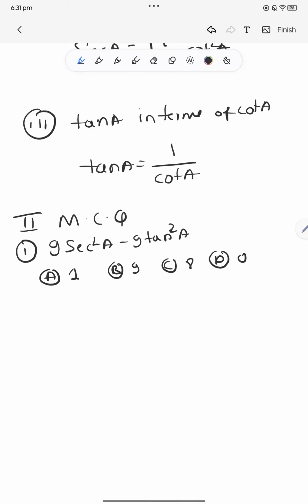Let us solve. Let us check the identities we saw above. 9 secant square A minus 9 tan square A.